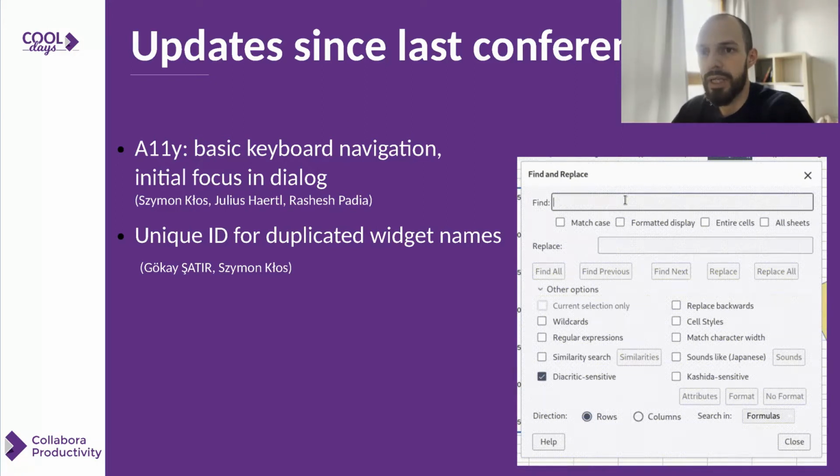So now we can use keyboard to navigate through the widgets, and also for that we had to update our generated widgets, because in HTML document every node should have a unique ID, which was a problem, because in a few different areas we received similar JSON where the IDs were duplicated, but it's now fixed.